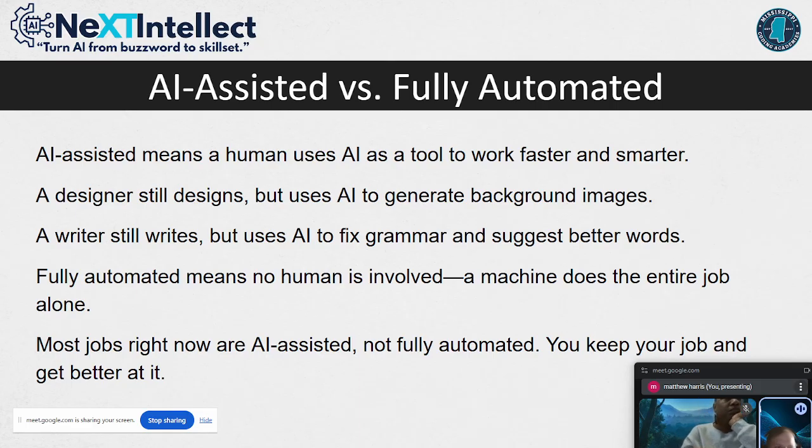It was a robotic arm on a track and everything moved, but there's no human bartender behind it. That was a complete machine, fully automated. Most jobs right now across the industries we mentioned are not fully automated. They're AI-assisted. So you keep your job, you get better at it, and you see how AI can help you.